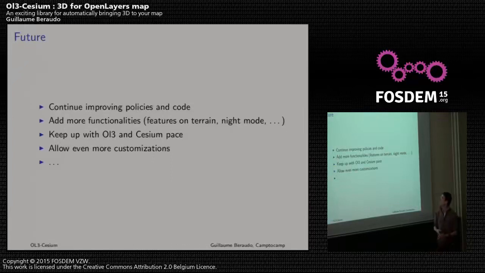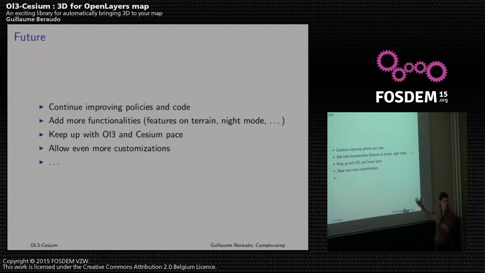So for the future of the library and the project, we want to continue improving the policies of this young project and the code. Add more functionalities, of course, like to be able to more easily place features on terrain. It should be automatic in the next release of Cesium, so we want to integrate it.